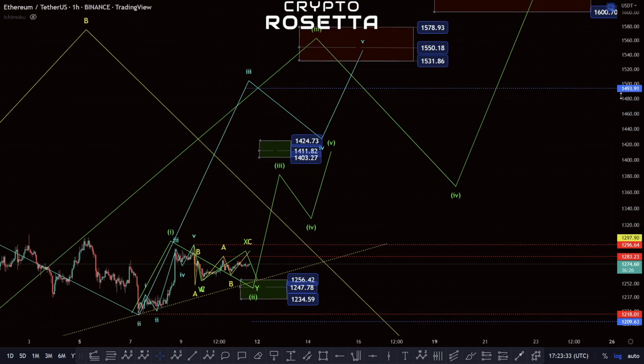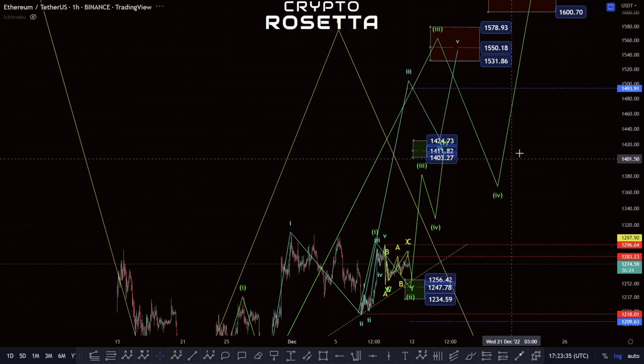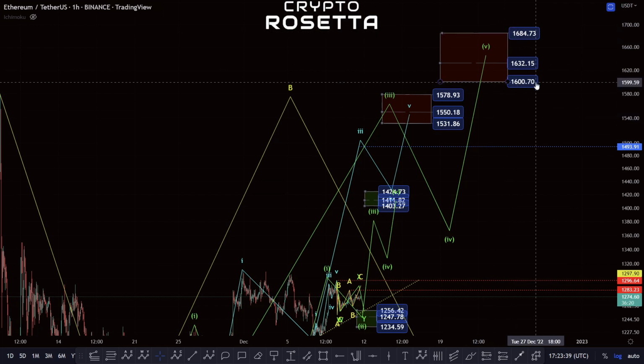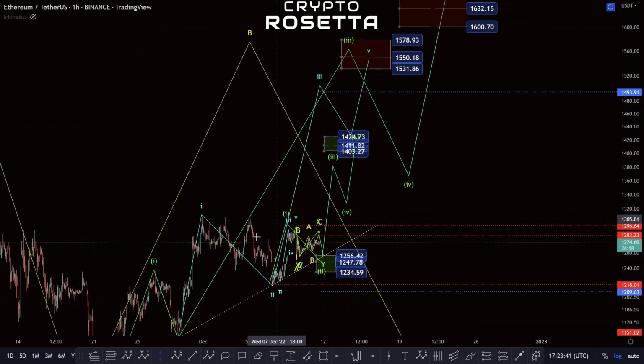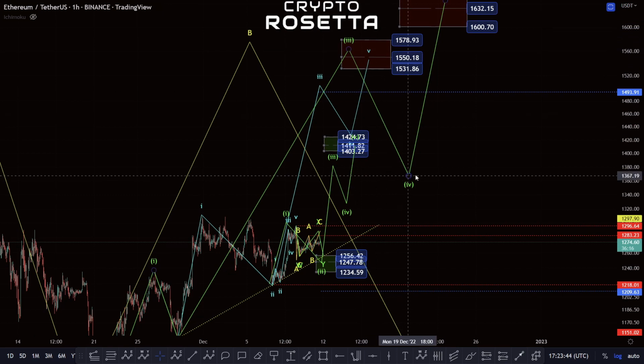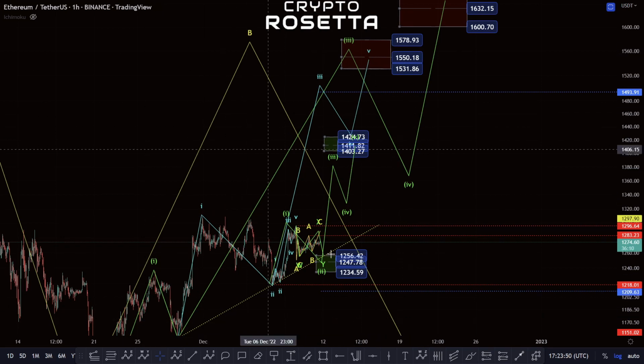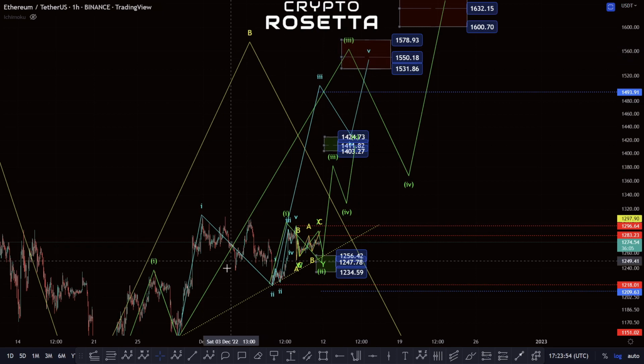However, should we move past this 1493 area, then we could be looking to these higher targets, potentially up to the 1684 to 1600 area, though we would need to keep an eye on this 4th wave retracement and make sure it doesn't misbehave and catch us out, and that it's actually just a corrective move that has completed with a bigger 5-wave move at the end of it.